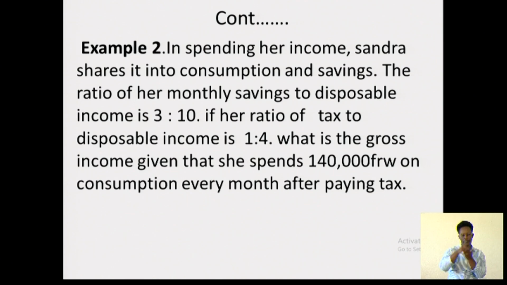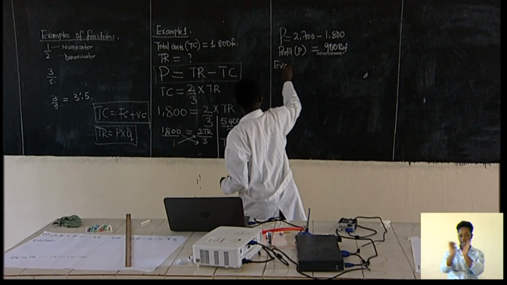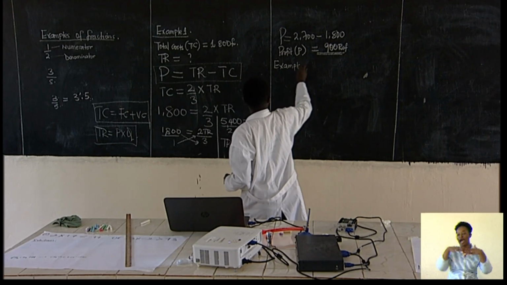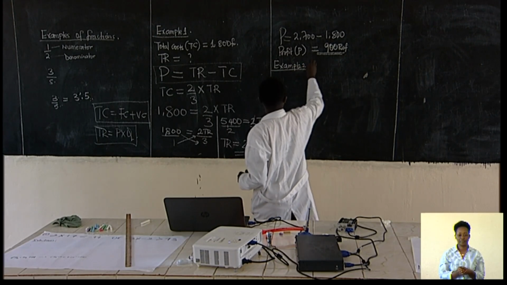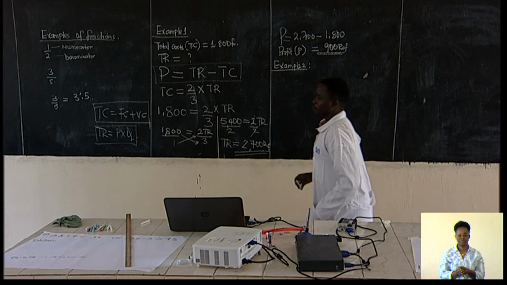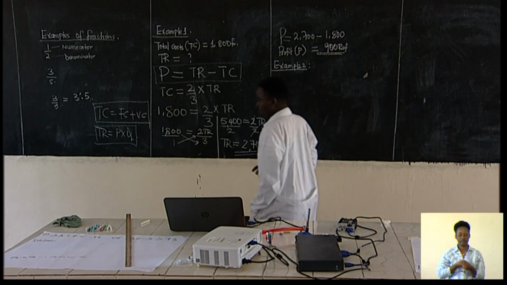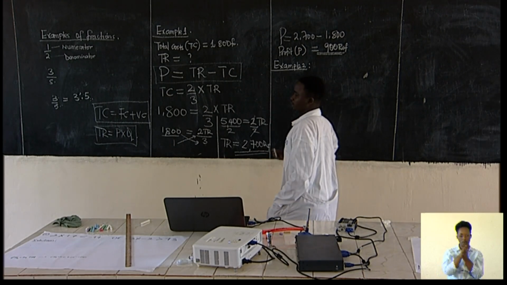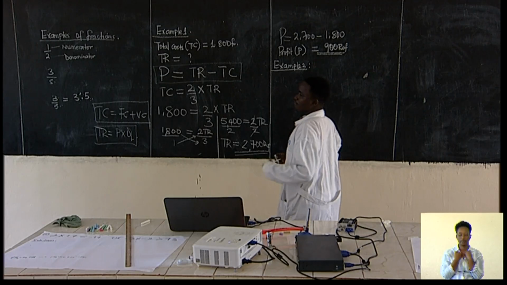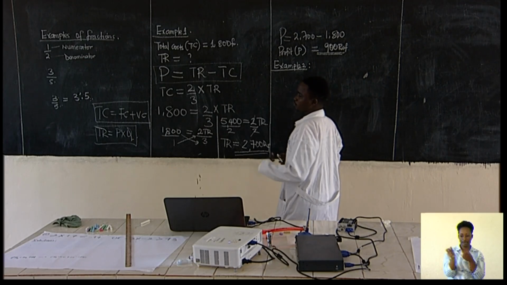So I want us to get the information that is within that question. With example 2, how do we work it out? So we have consumption and savings, and they are telling us the ratio of monthly savings to disposable income.